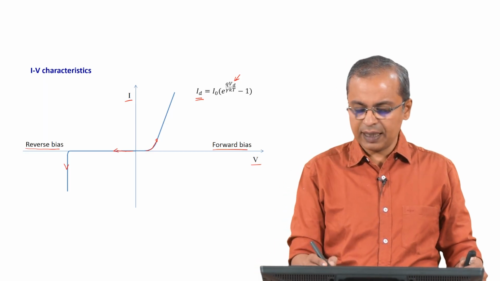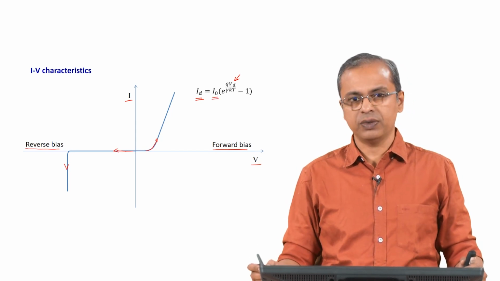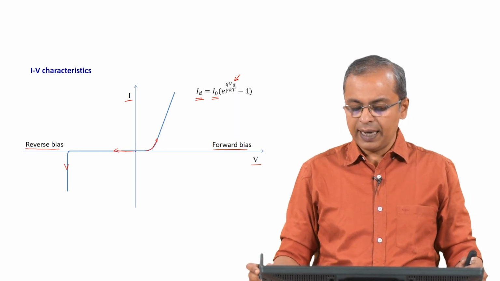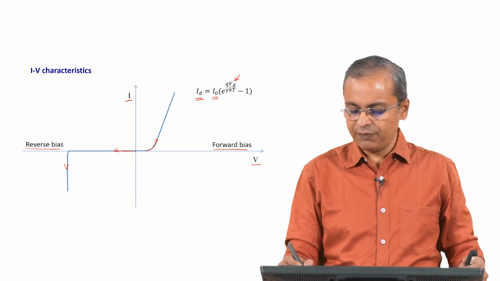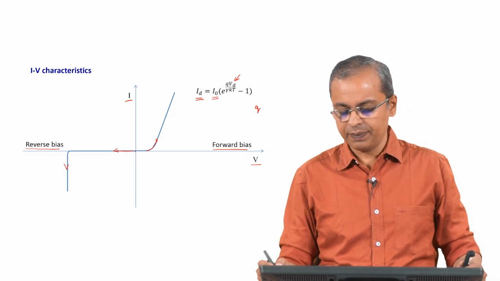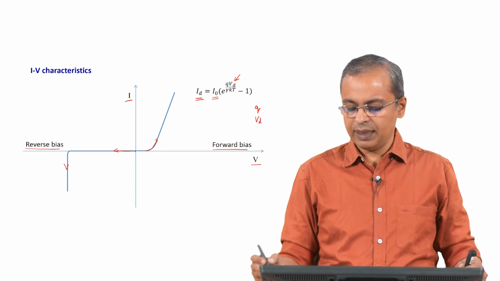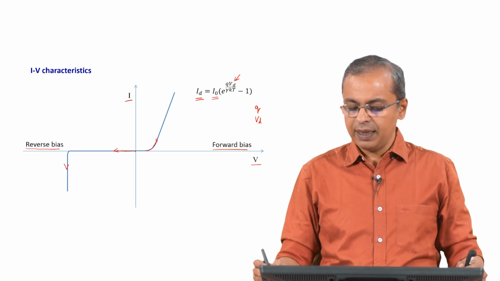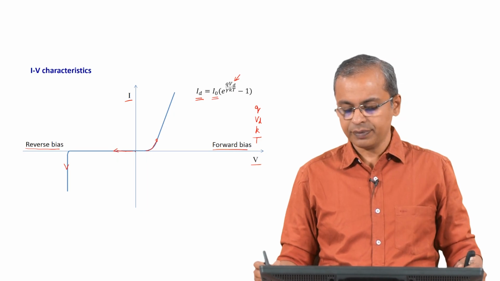Now, you will see here there is an I naught, this is the reverse saturation current, the small value that you will see somewhere out here, and you see here some parameters. So, you have q, that is the charge on the electron, V_D is the voltage on the diode, and k of course is Boltzmann's constant, T is the absolute temperature.